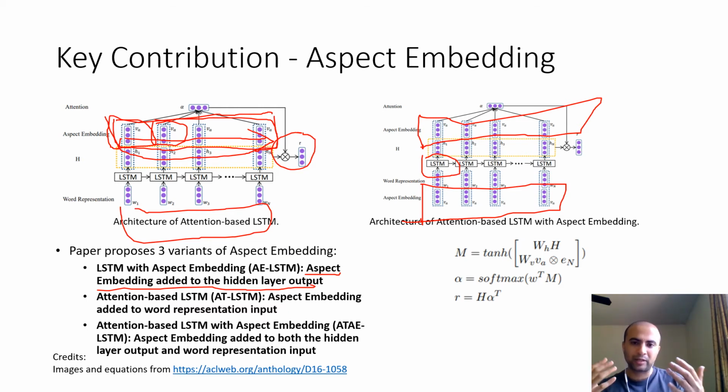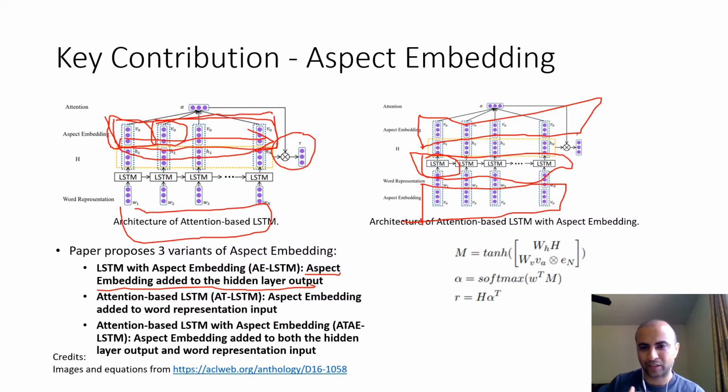If you're talking about food, there is a food weight added to each of the words, and that is shared across the sentence. And if you're talking about, say, the service aspect, again, the whole sentence is weighted by the service aspect. And so the network here learns the features in the context of the aspect.